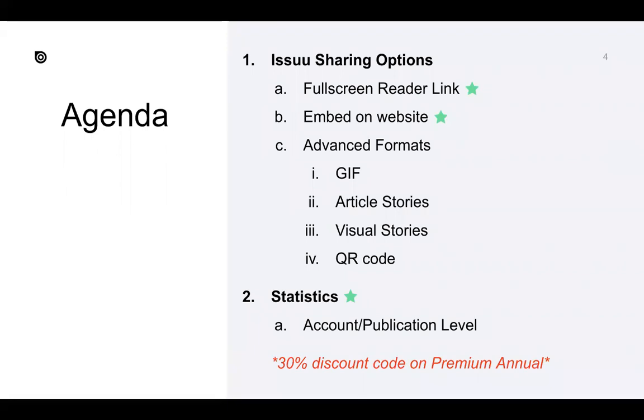We will also talk and repeat how to embed your publication on website. And I will show you all these advanced formats that we offer on Issuu. GIF feature, article stories, visual stories, and the QR code. Every time we talk about a paid feature, there will be this green star. We'll also be covering statistics, which is, as I said before, a premium feature.